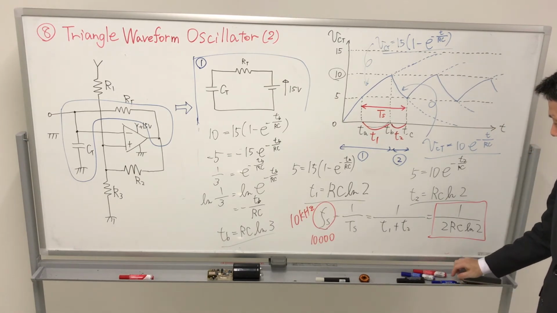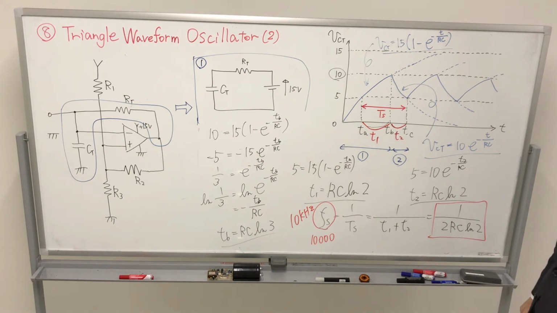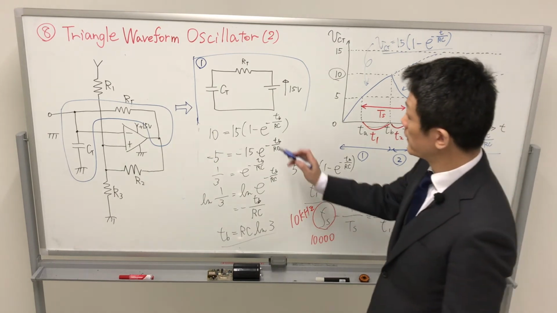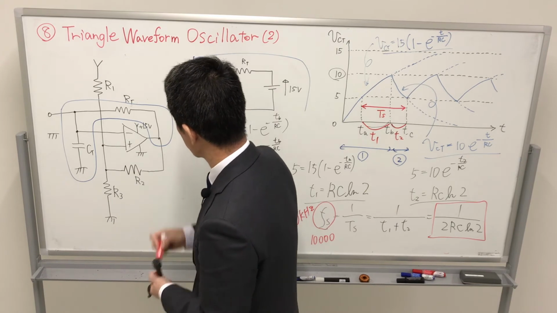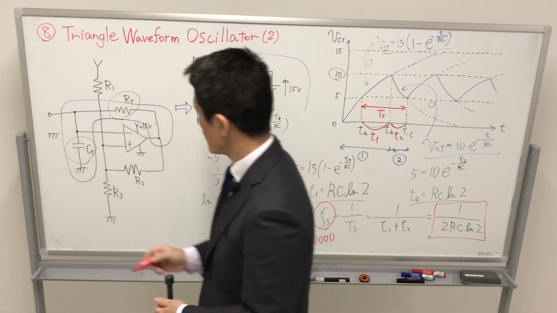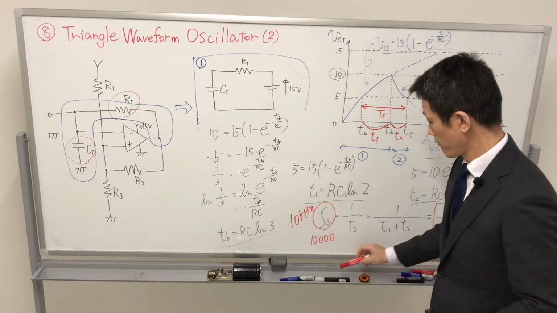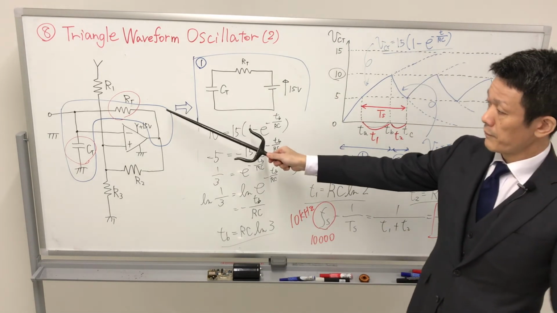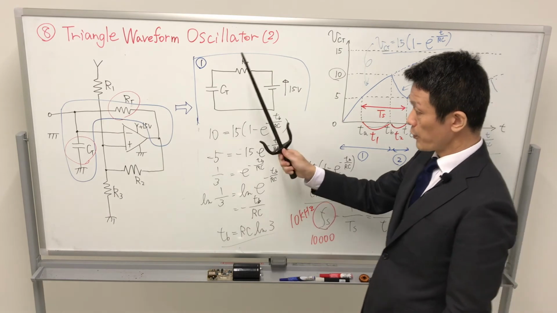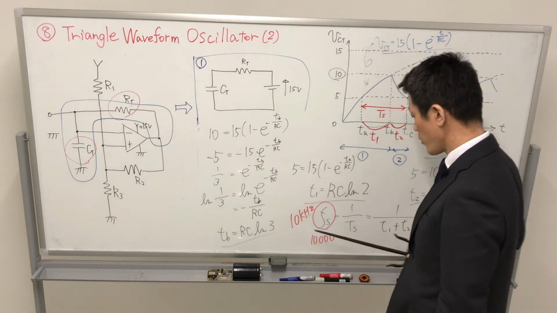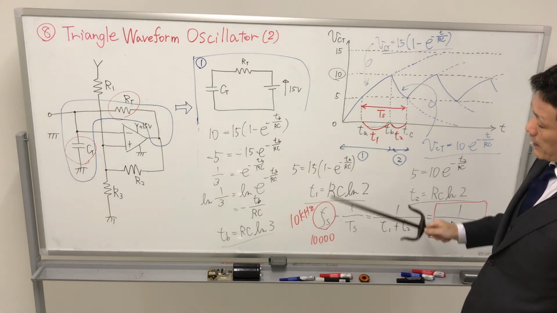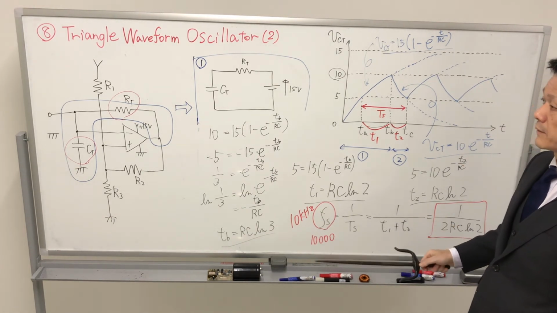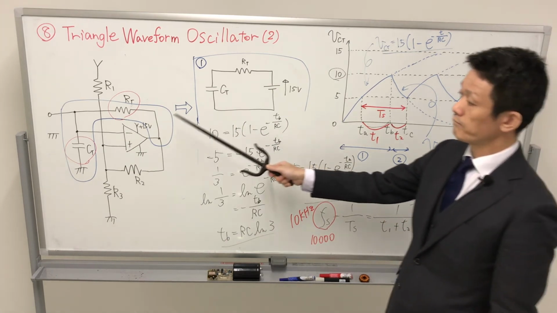Design means RT and CT. You must design these values. If you design these values, you can obtain the 10 kilohertz. But since 10 kilohertz is already ordered, you must design this one.